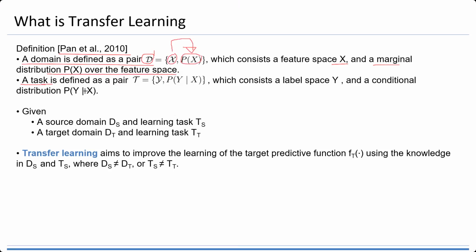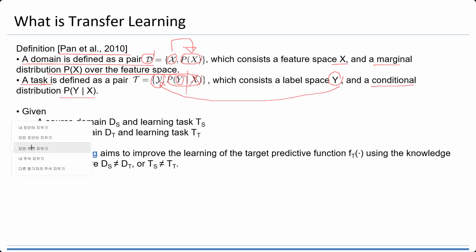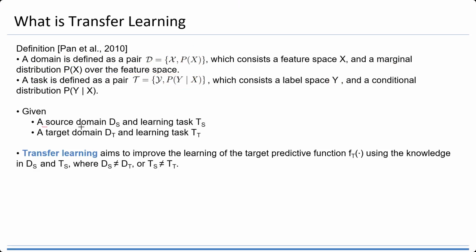And then the task is we have the label, for example, this is Y. This represents the label space. And we have the conditional distribution. So what is the probability of Y given that the data is X? So in transfer learning, we have the source domain, DS, and learning task, TS.